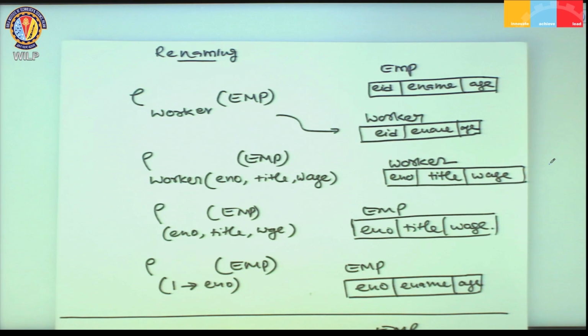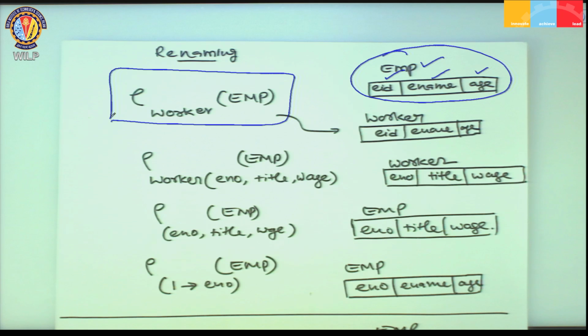Let us take a look at these examples with respect to renaming. Let us assume that there is a relation whose original name is EMP and the original attribute names are EID, ENAME and age. Suppose I wish to rename the relation as worker and leave the names of the attributes as they are, I can specify it like this.